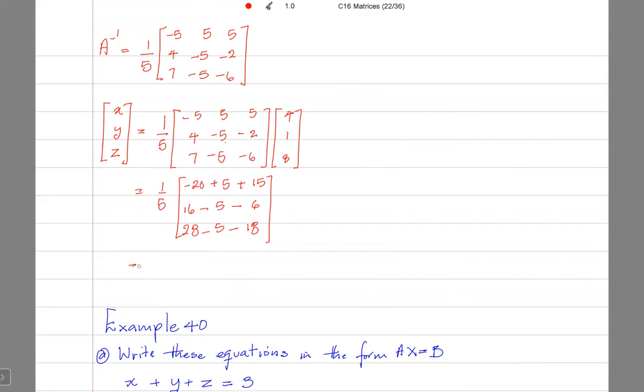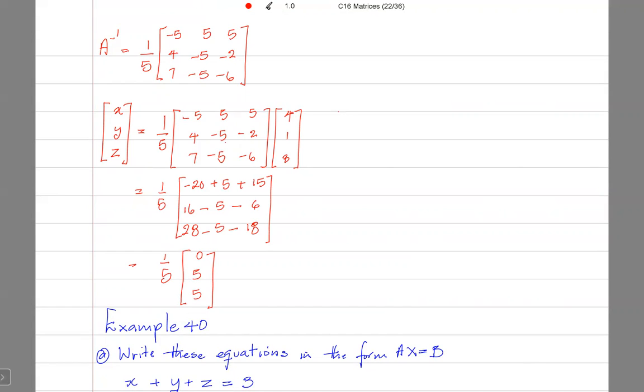All right, so we have 1 over 5. This has got 0 up top, 5 in the middle, and what, 5 here? Looks like a 5. Yep.